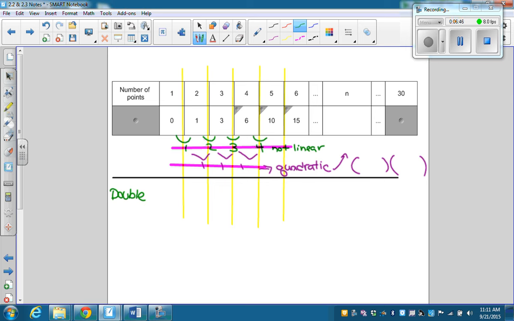Divide it by 2. Half it. Cut it in half. Okay? So now instead of 0 it's going to be 0, but 1 becomes 2, and 3 becomes 6, and 6 becomes 12, 10 becomes 20, 30. Then start over with the multiplying pattern.